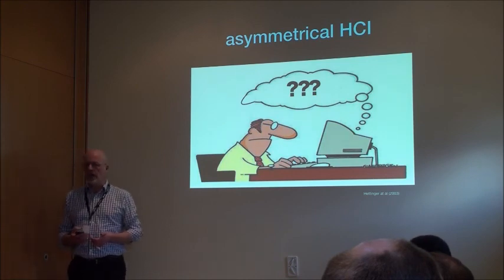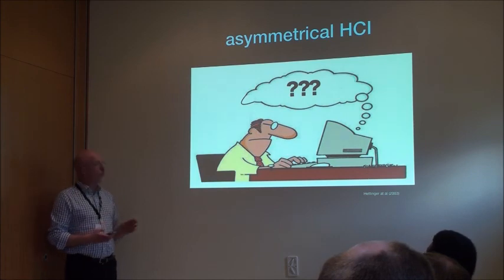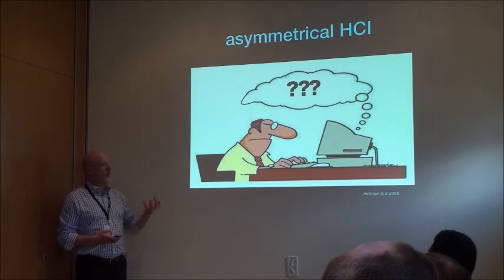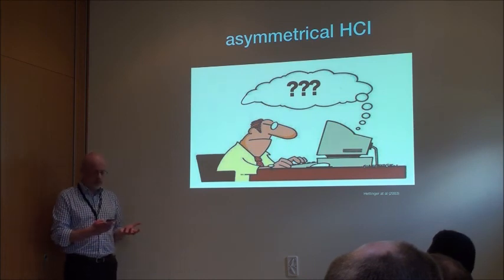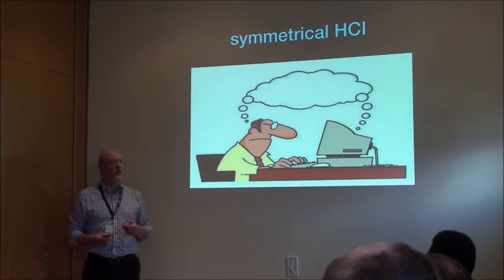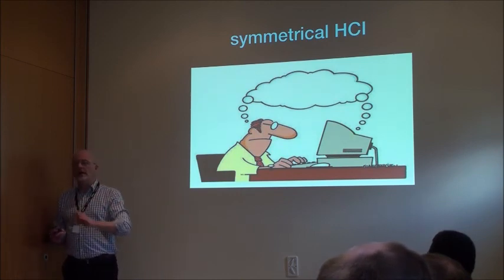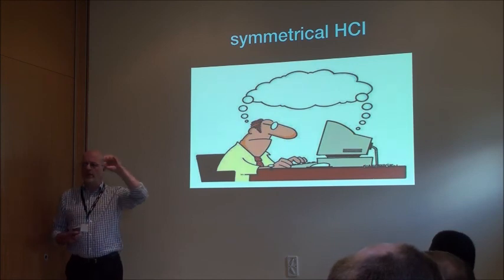The computer is blind to the person's actual context. So what we're arguing, and physiological computing and the loops that we're going to talk about today are an example of this, is that we want to aim towards a symmetrical sort of HCI, where the user has an idea of what is going on with the system, and the system understands what is going on with the user.